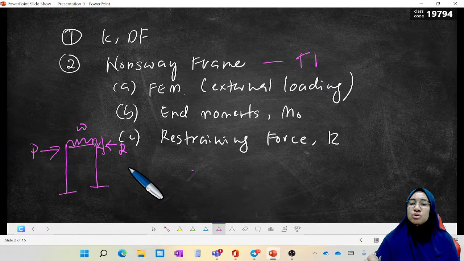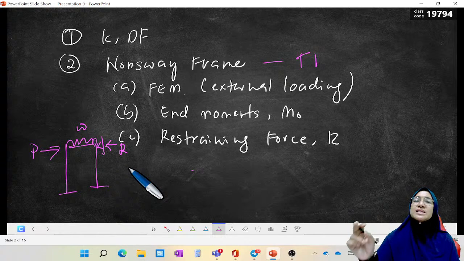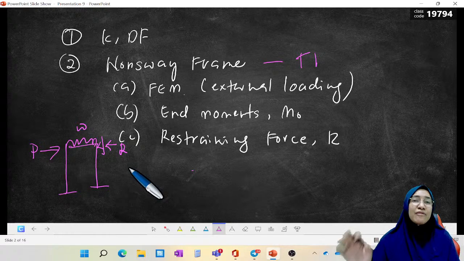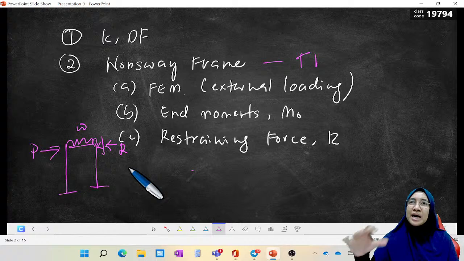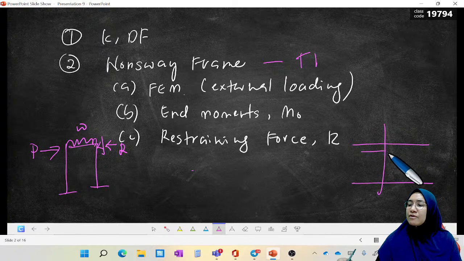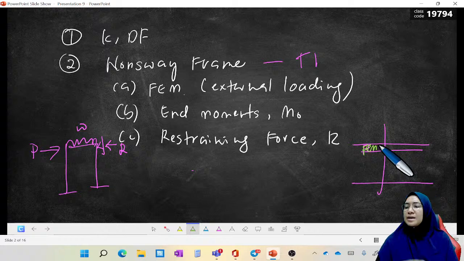All this we do in the table, under 2B. After we distribute moment, and whenever the moment in the table reaches 0 value, we stop distributing, and then we total the moment starting from the first member end moment in the table, which is FEM, until the last distribution.